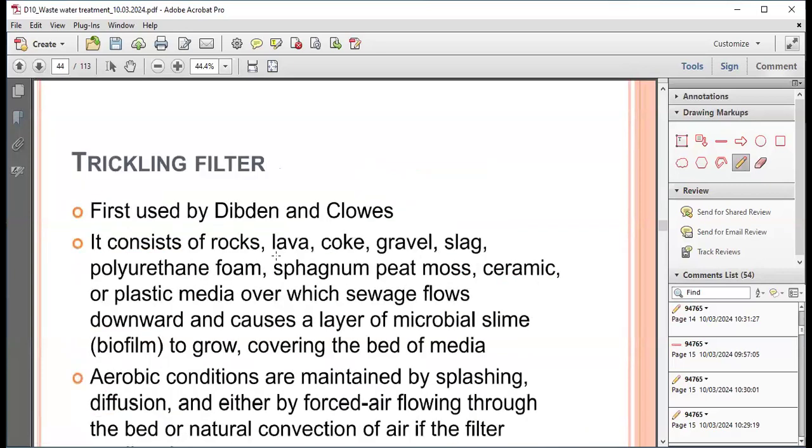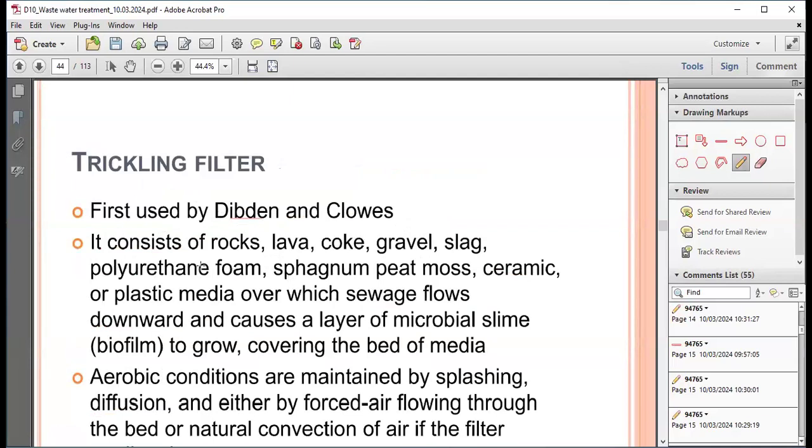Then the type of filter, the trickling filter. One of the filters used is a trickling filter, first used by Dividend and Klaus.